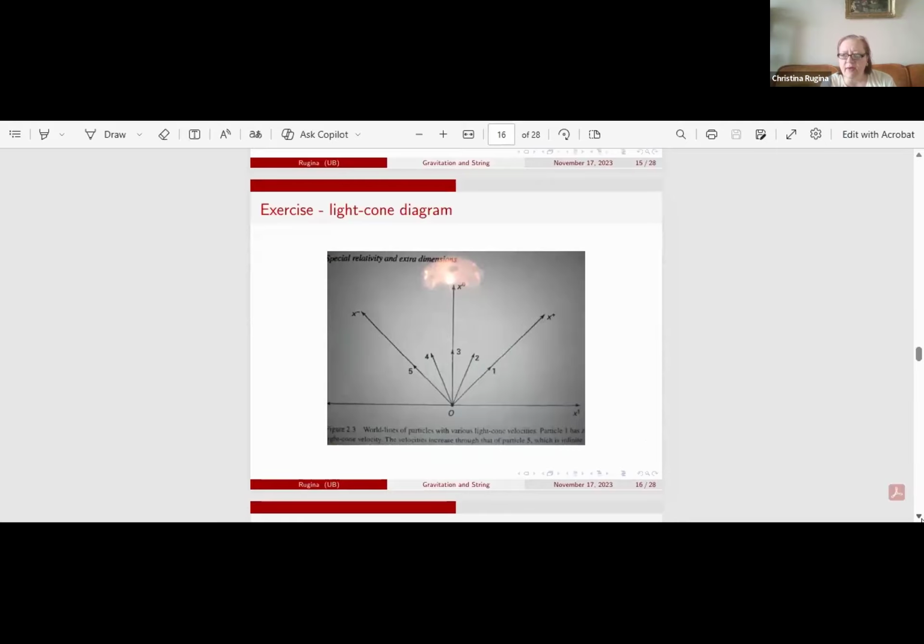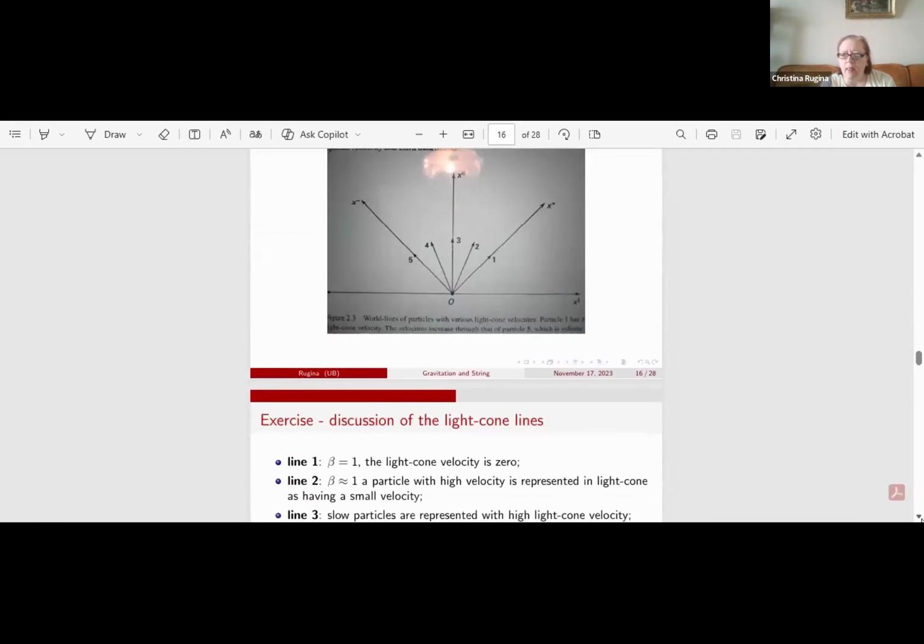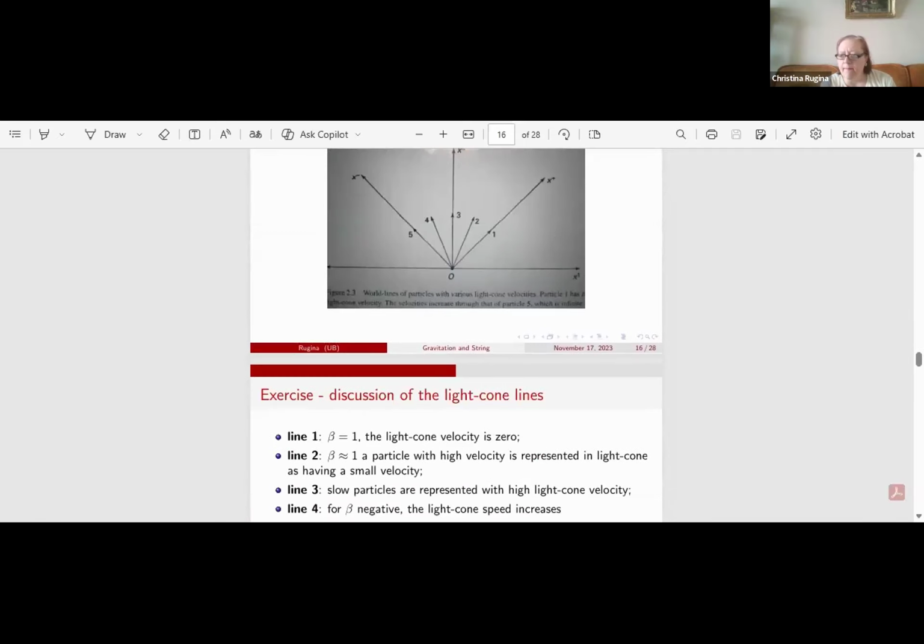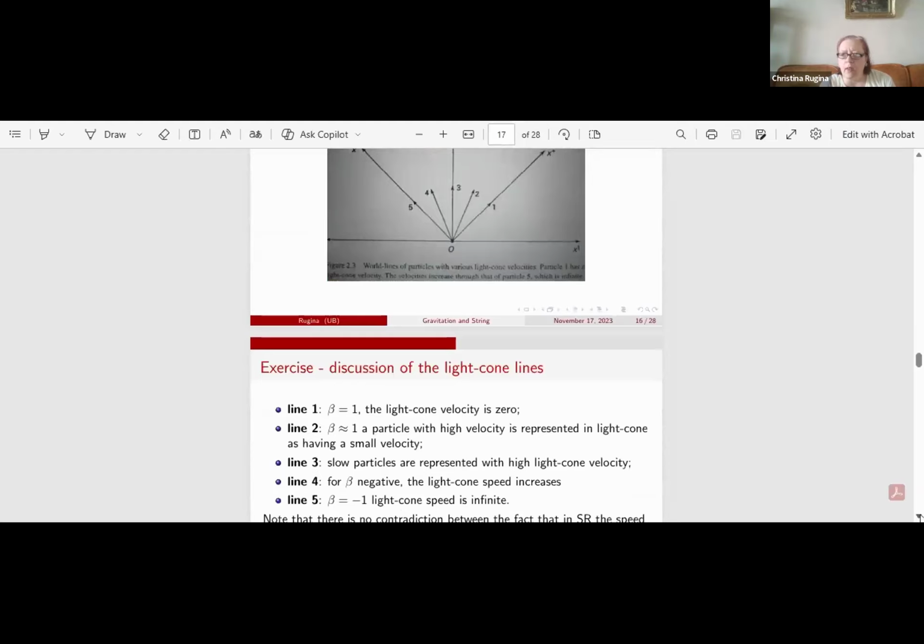And the light cone diagram here. Okay. And line 1, this line is beta approximately 1. The light cone velocity is 0 for this one.